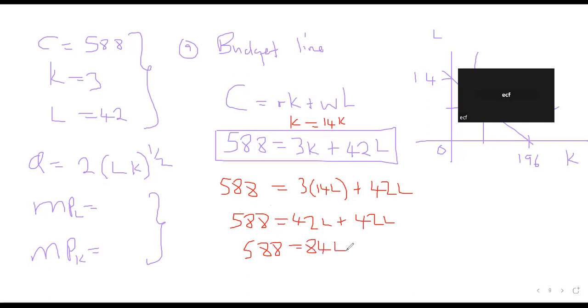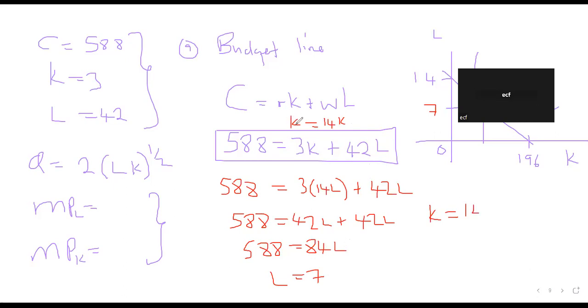So we're going to divide both sides by 84. So 588 divided by 84 gives us 7. So L is equal to 7. So on the L, we are now confirming that this is 7. Now, since our K is 14L, we're going to calculate K.